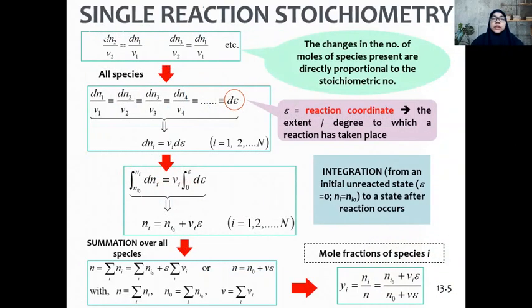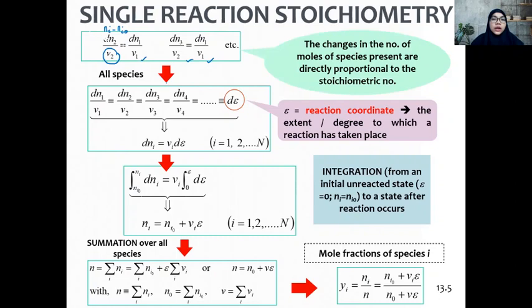Let's take a look at single reaction stoichiometry. The change in the number of moles, the amount of species i minus the amount of species i at initial, is directly proportional to the stoichiometric number, and it applies to all the species.